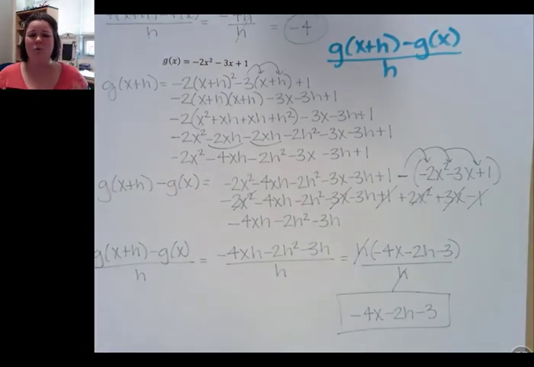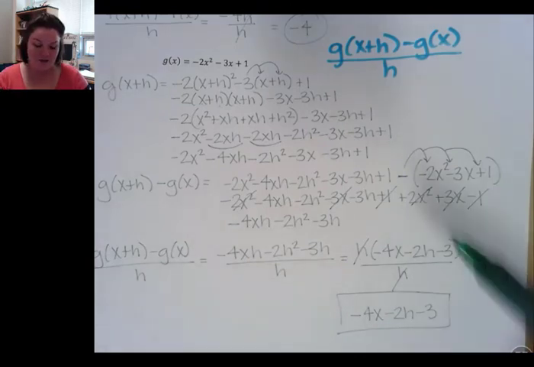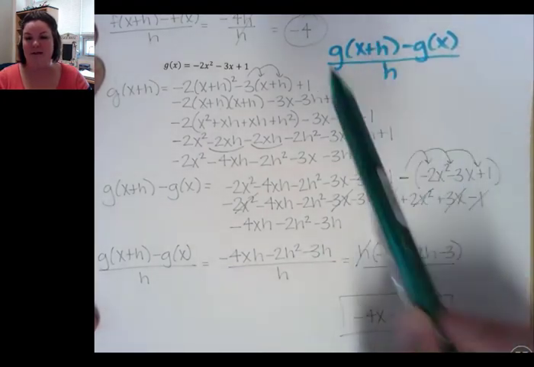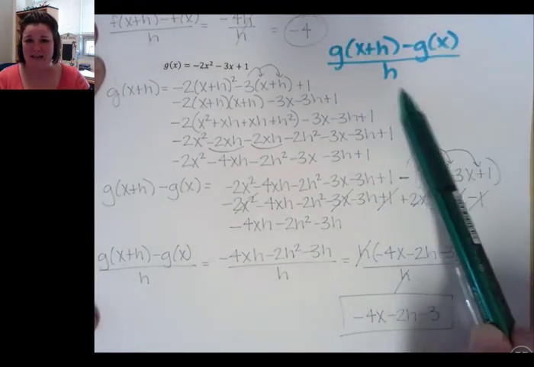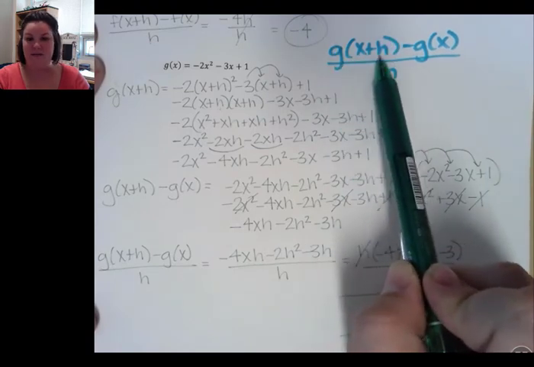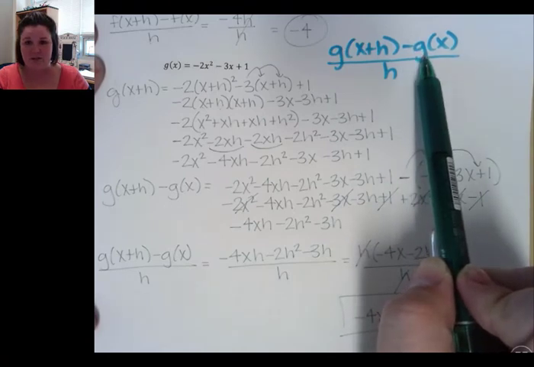Okay, so when you work these different quotient or difference quotient problems, I encourage you to do it in this 3-step process versus trying to plug everything into this and making it nasty. Simplify your function evaluated at x plus h, then whatever that equals, then subtract the original function.